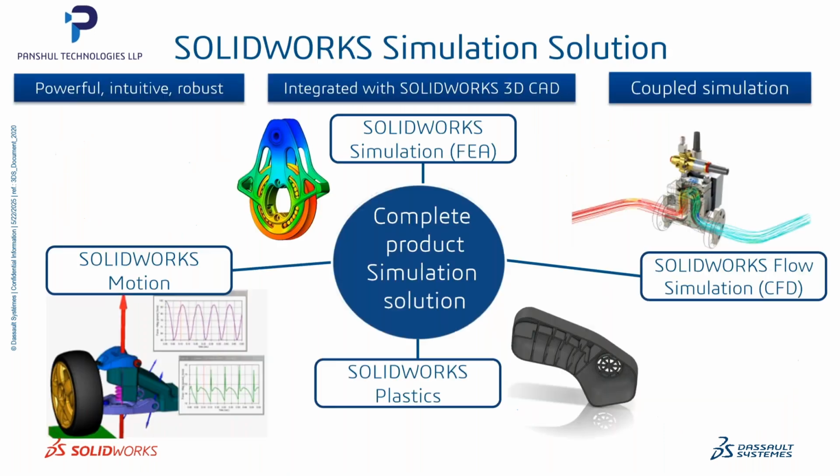So what's included in SolidWorks simulation? SolidWorks Simulation is a powerful, intuitive, and robust tool which is completely integrated with the SolidWorks 3D CAD, and it is coupled with simulation capabilities. Under SolidWorks Simulation FEA, we have a complete product simulation solution which includes motion, that is kinematics and dynamics, then plastics, so you can test the plastic part, like where the warpage is and how much time it will take to cool down.